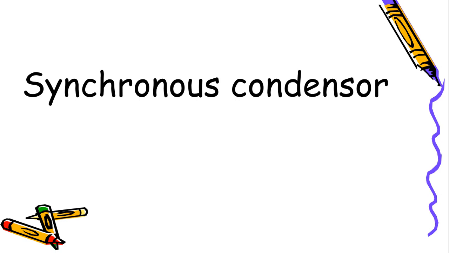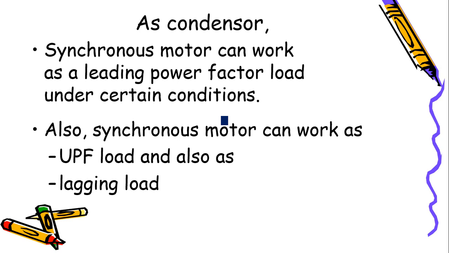We will be seeing when the synchronous motor acts as a synchronous condenser, that is, as a capacitor. It works as a leading power factor load, that is, the current will be leading.